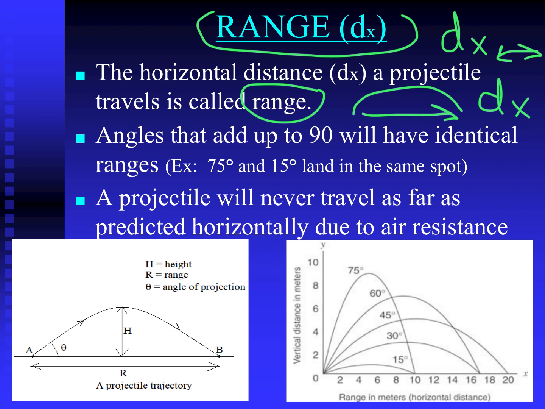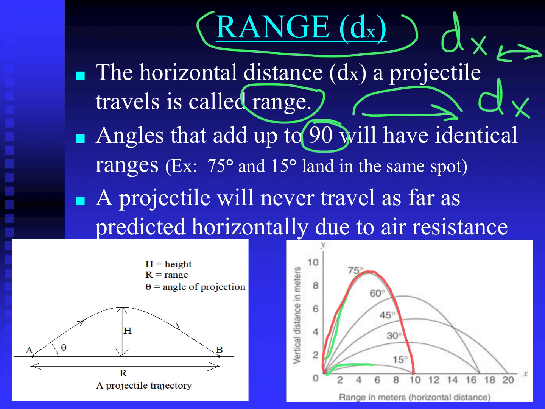Now, there's a couple other things to think about with projectiles. If you launch something on a high angle or something on a small angle, believe it or not, high or small can end up having the same range. In fact, the rule is when two different angles that you launch at add up to 90, you'll actually end up in the same spot. So if you take a look down in the bottom right here, say I launch something at a 75-degree angle, it lands here, 10 meters away.